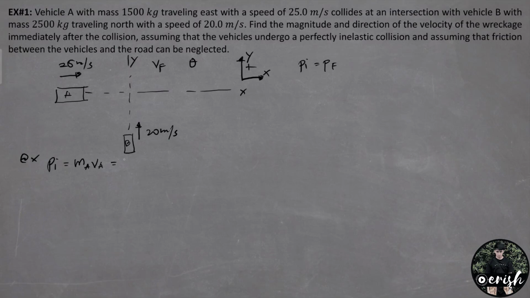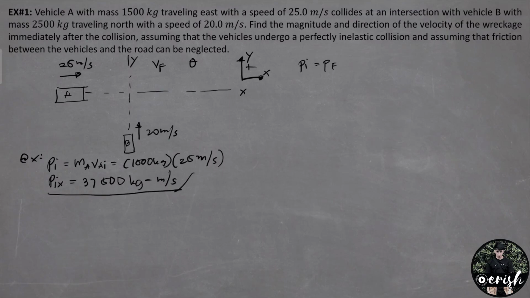We have 1,500 kilograms times yung kanyang initial velocity, 25 meters per second. Initial momentum at x is equal to 37,500 kilograms meters per second. So, ito yung initial momentum at x.